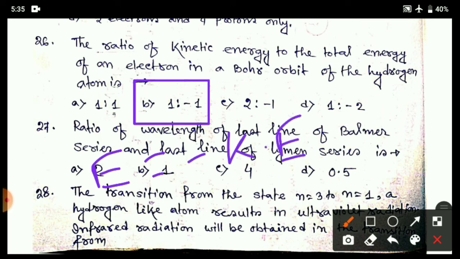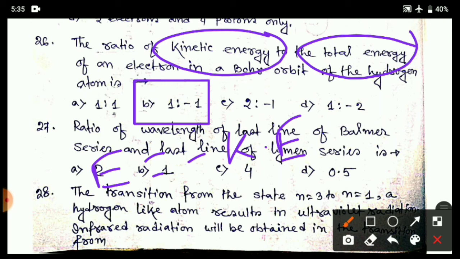Dear student, kinetic energy can never be negative, and total energy for a hydrogen atom is always negative. The question asks kinetic energy to the total energy. Kinetic energy is always positive, total energy is negative. So 1:-1 will be the final answer.